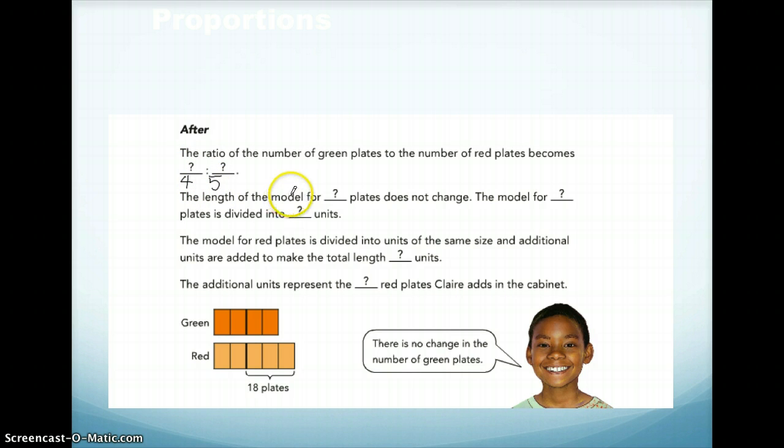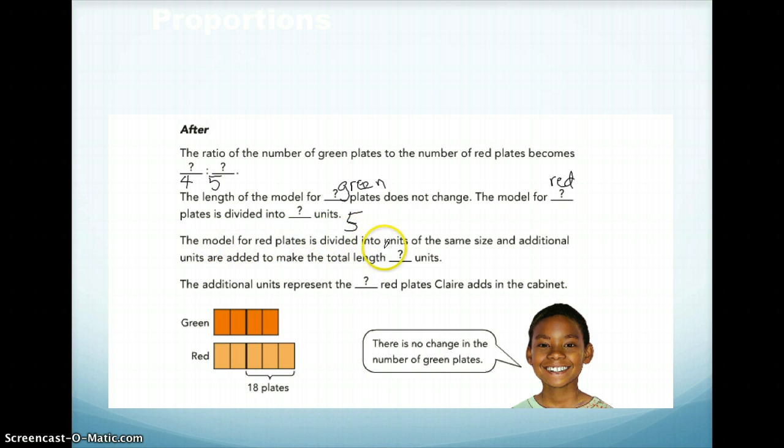The length of the model for green plates does not change. The model for green plates is divided into 4 units. Okay, so the length for green plates does not change. And the model for red plates is divided into 5 units.